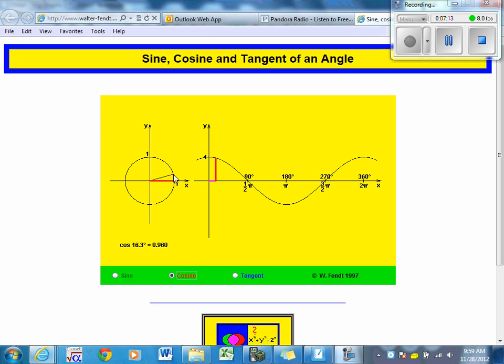Now, cosine starts at 1, and as I go around and I get close to pi over 2, it gets smaller and smaller and smaller. It's 0 at pi over 2. Then it's negative 1 at pi. Then it goes to 0 at 3 pi over 2, and then it's back to 1.